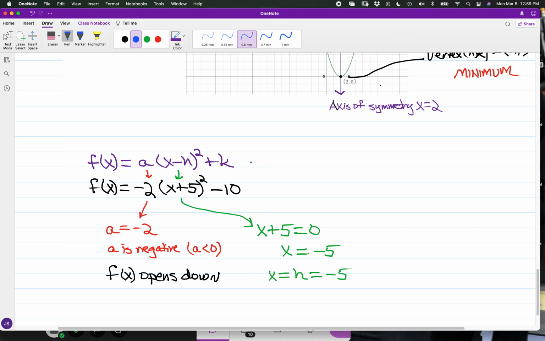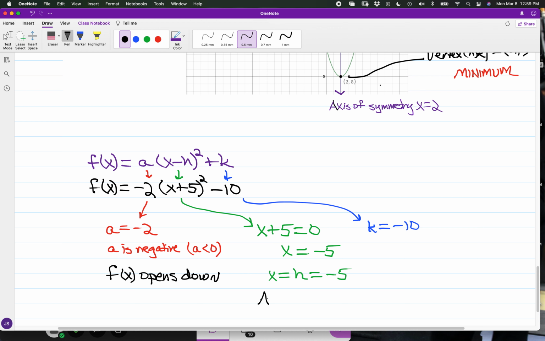And for the k value, because we have subtraction at the end, we have k is equal to -10. So again, the leading coefficient a is -2, and because of the sign value, the graph opens downward.